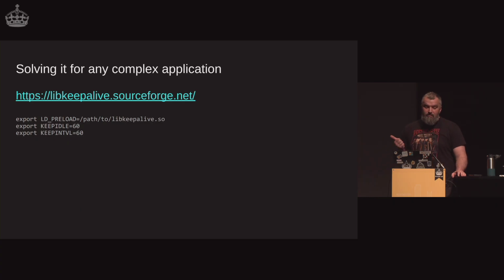The way I solved it for Scala, and if I don't have access to modify the source code, this is the preferred way: there's a library, you can load it, and from then on, all connections that will be created from this process will have the keep alive set and fixed automatically.